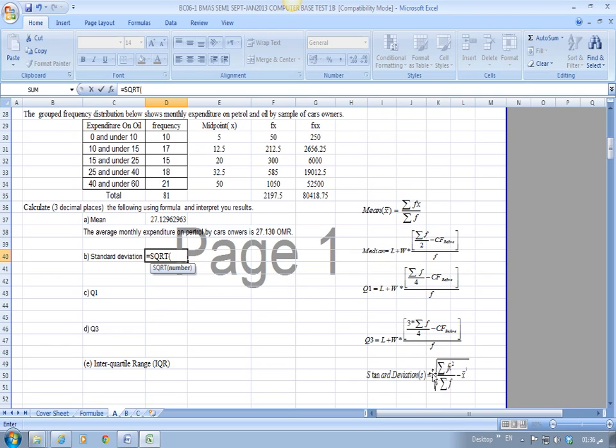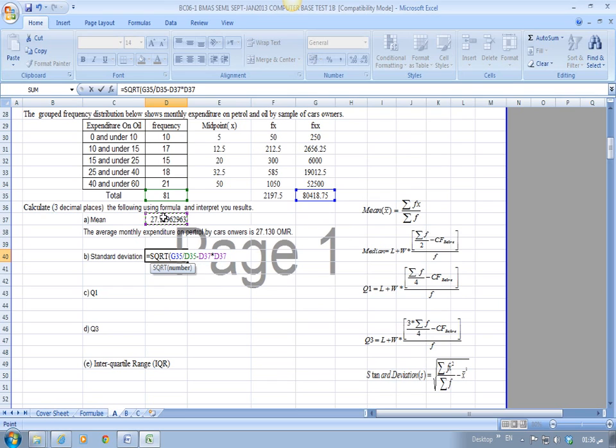Inside it we have sigma fx square divided by sigma f, the total of the frequency, minus x bar square, that means the mean multiplied by itself, the mean multiplied by the mean.